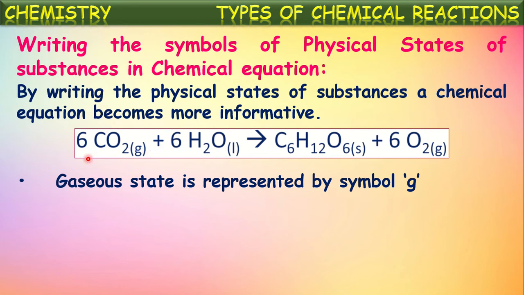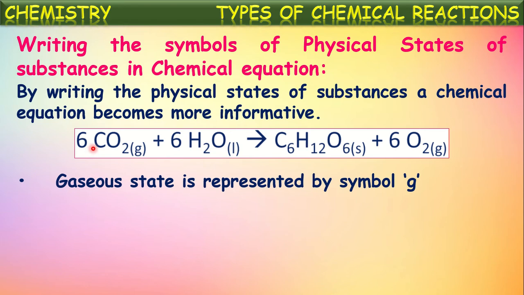In this equation, carbon dioxide, which is taken by plants, is a gas. So to represent its physical state, (g) is written beside the molecular formula of carbon dioxide. This G represents the physical state of the component as a gas.